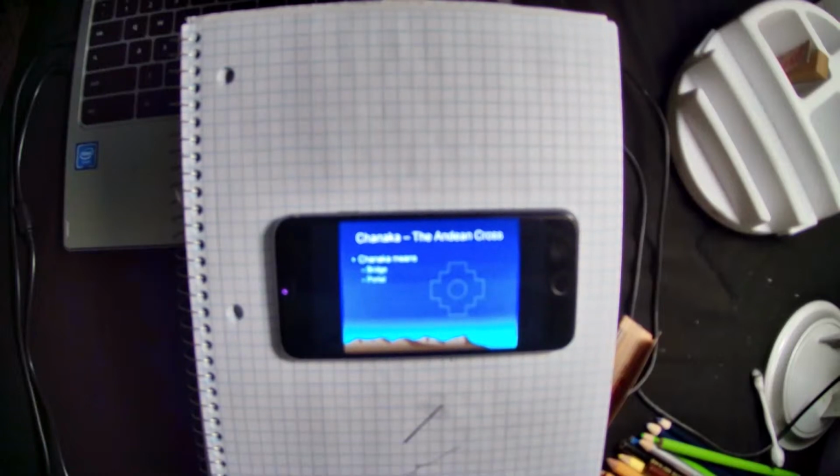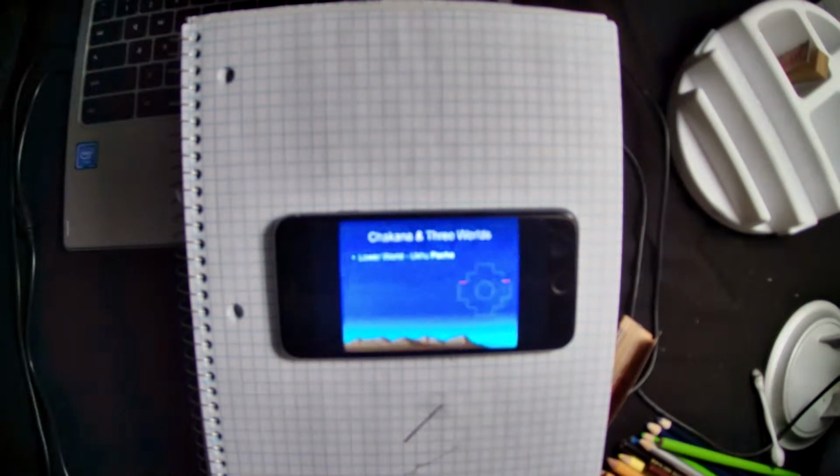The Chicana is also called the Andean cross, and Chicana is a Quechuan word which means bridge or portal. The Andean cross is a very predominant feature in architecture, textiles, artistic design. It's very much embedded in the culture. And the first thing you'll notice when you look at the Chicana is these 3 ridges or 3 layers representing 3 worlds.